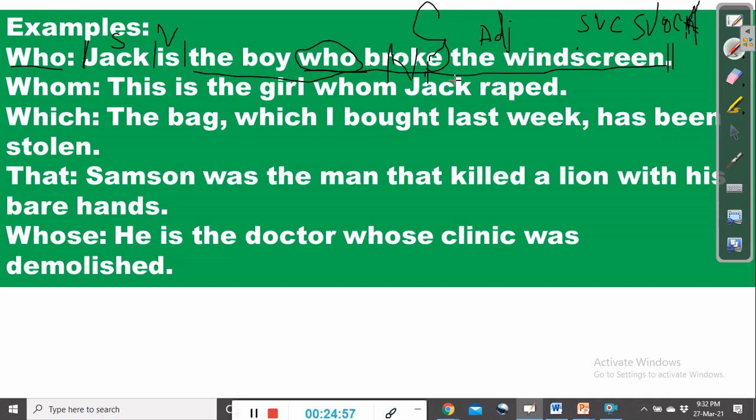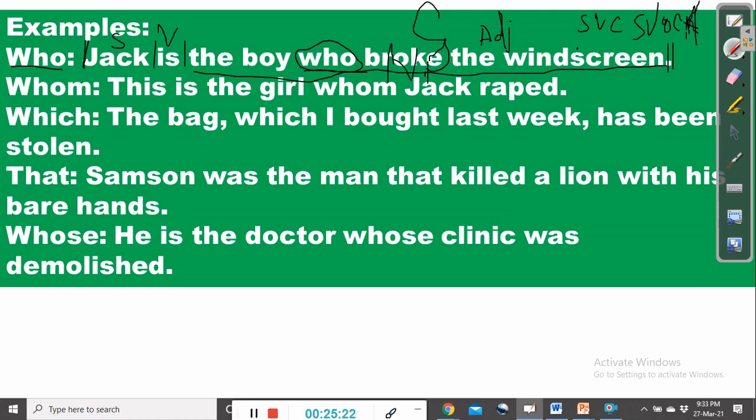This is the boy who broke the windscreen. So who broke the windscreen is an adjective that is modifying the noun boy. All right. So that is exactly how we use the relative clause. We use the relative clause like an adjective to modify a noun.